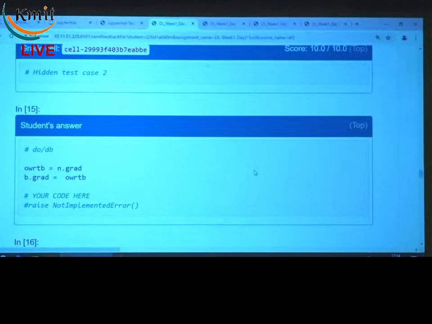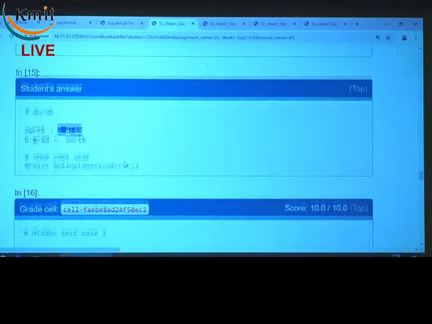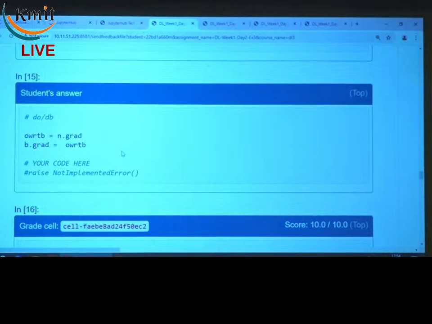Now the gradient with respect to b is also the same, it is n's gradient because of the plus operator. w1 x1 plus w2 x2 plus b is n. So obviously the gradient of n with respect to b will be n's gradient. Whatever is there will flow back.